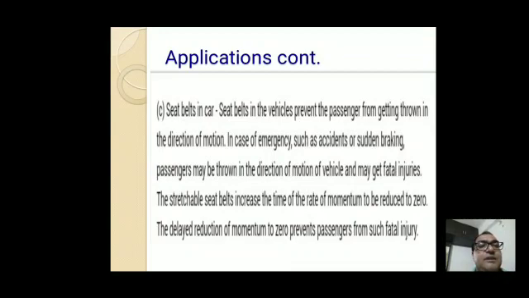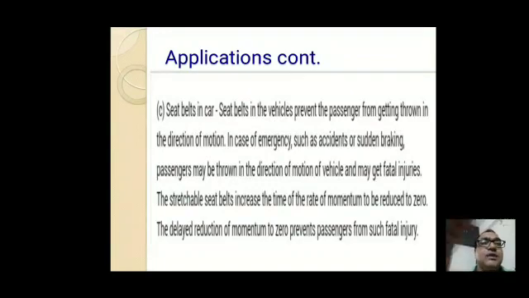The stretchable seat belts increase the time for the momentum to be reduced to zero, and the delayed reduction of momentum to zero prevents the passenger from this injury. It means a seat belt should be provided in the car, so it can prevent us from accidents.